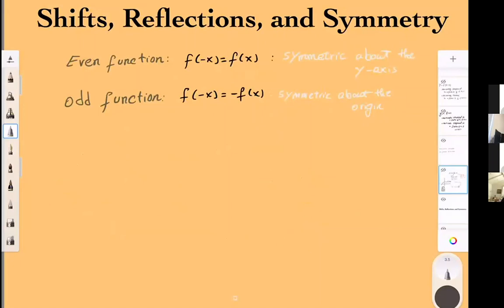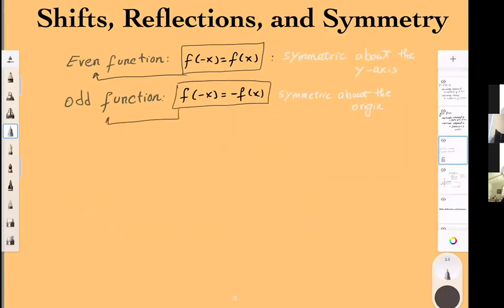Even and odd functions. We learned that if f of negative x equals f of x, the function is even. If f of negative x equals negative f of x, it is odd.